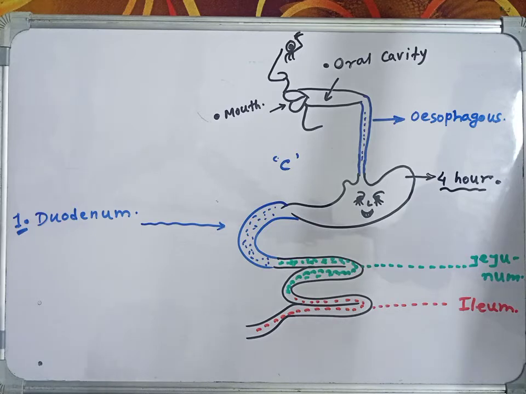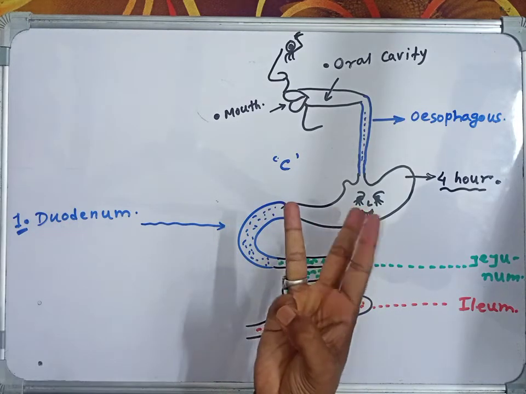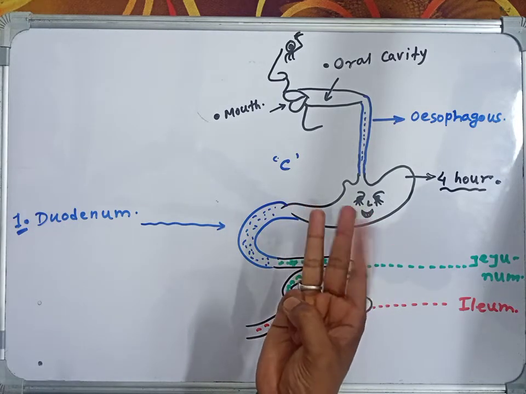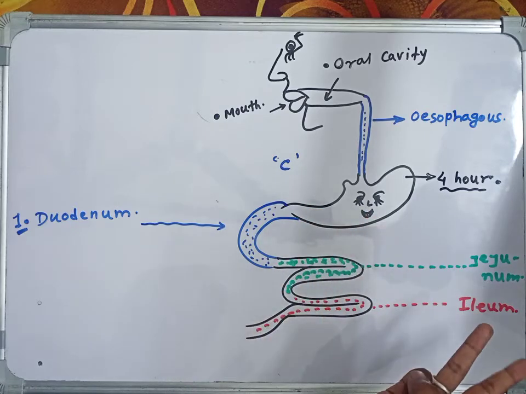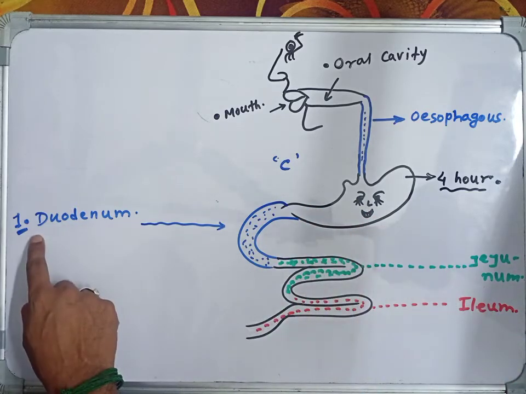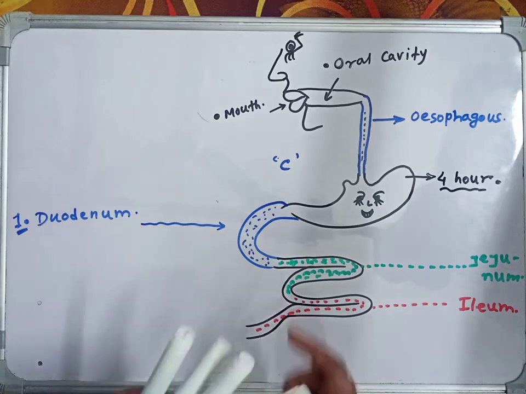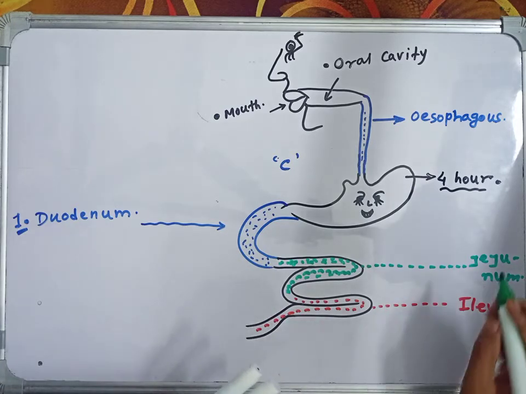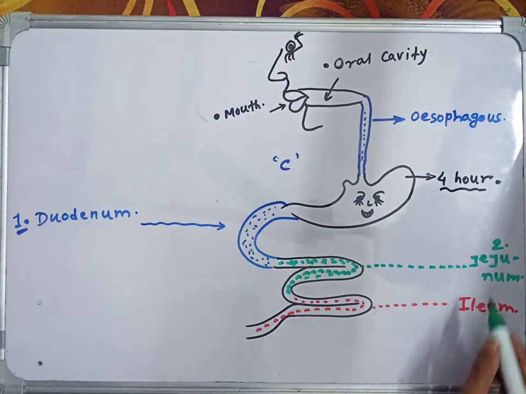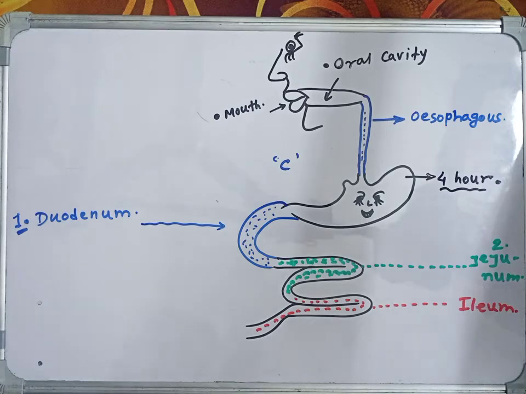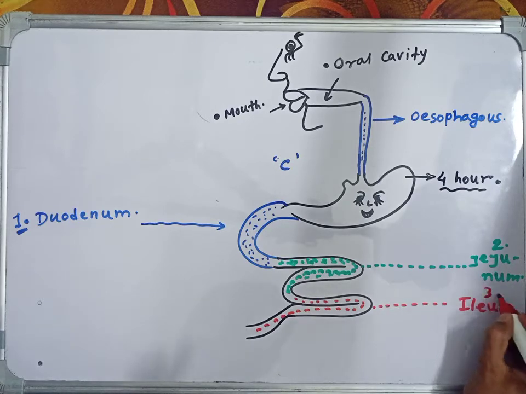That means the small intestine consists of how many parts, my dear student? That is an MCQ for you. Small intestine consists of three parts. The first part is called duodenum, the second part is called jejunum, and the third part is called ileum, right?